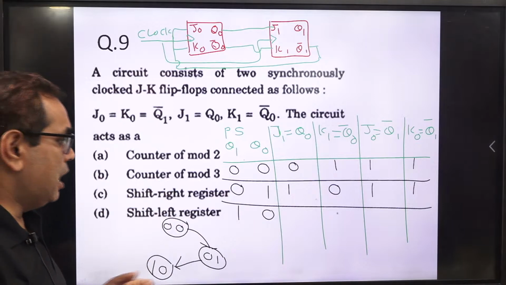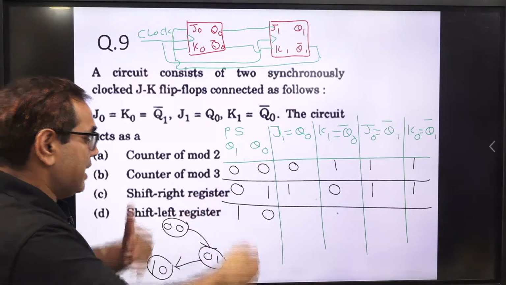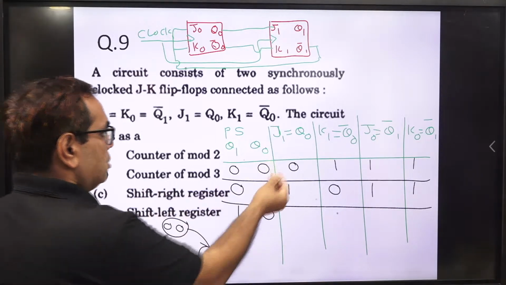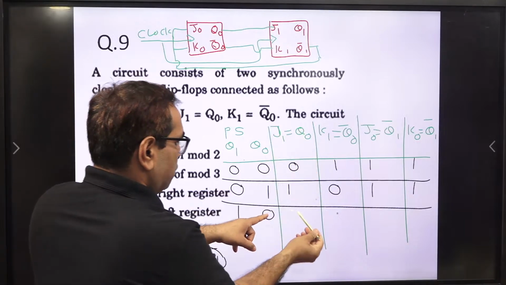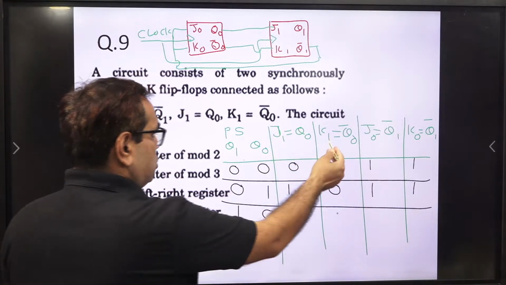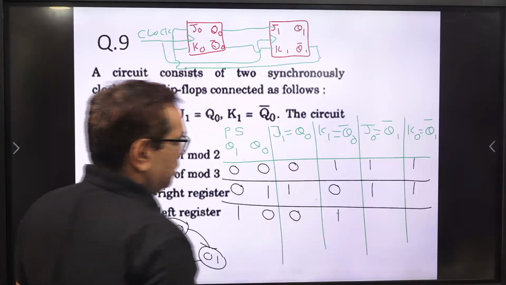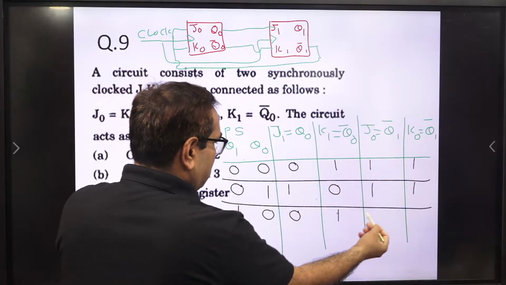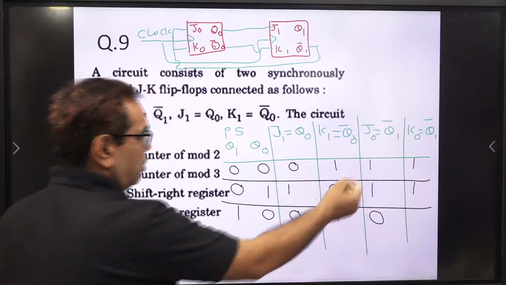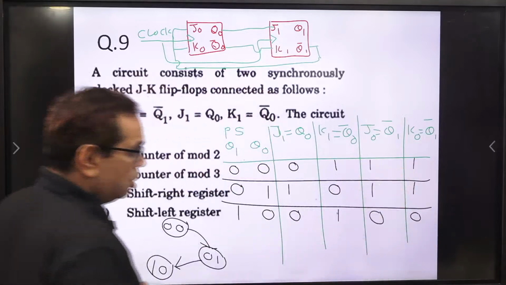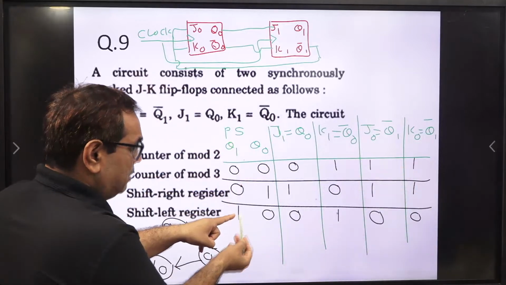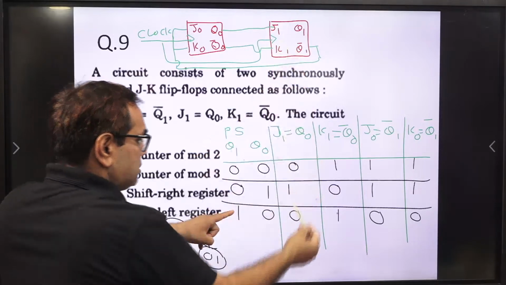So draw here the 1 0 state. And now if it is 1 0, then again write down the connections. J1 is Q0, so 0. K1 is Q0 bar, so 1. And J0 is Q1 bar, so 1 complement means 0. And K0 is also 0. Now what happens? Present state is 1 of this flip-flop and inputs are 0 1.